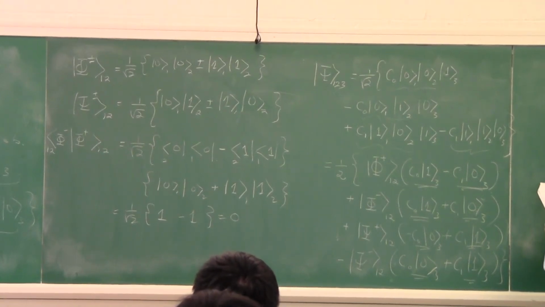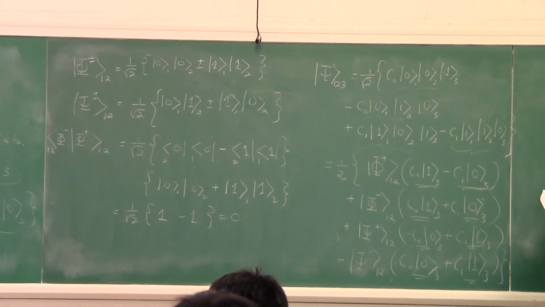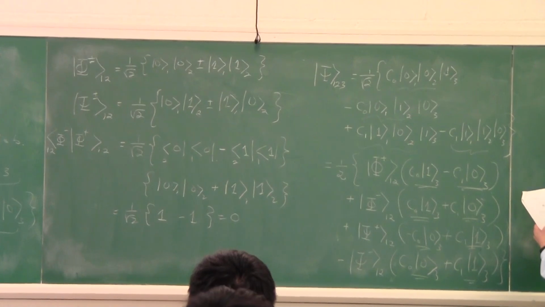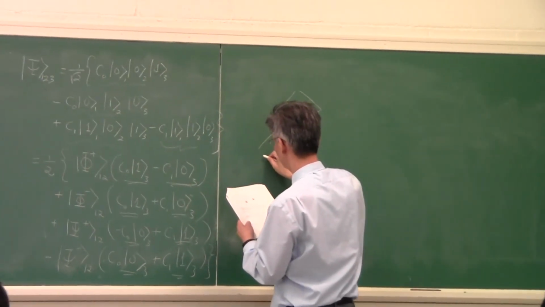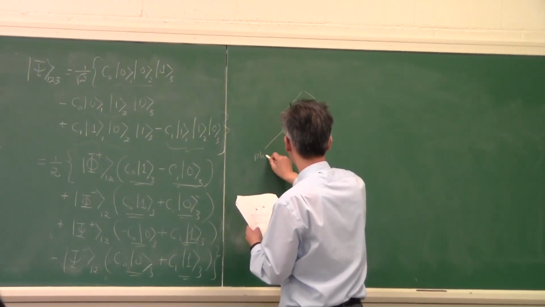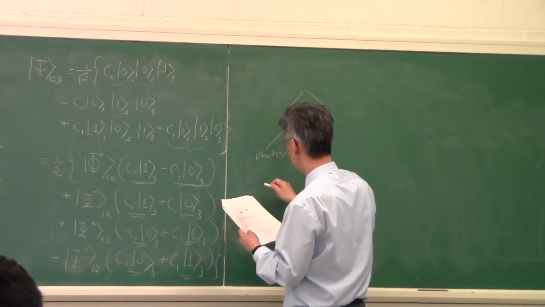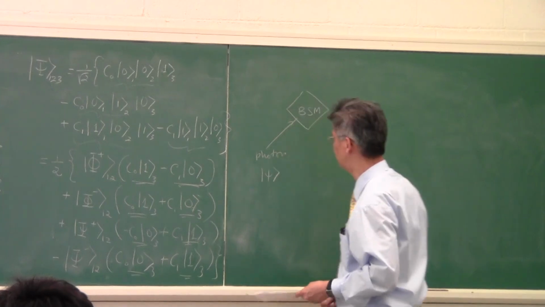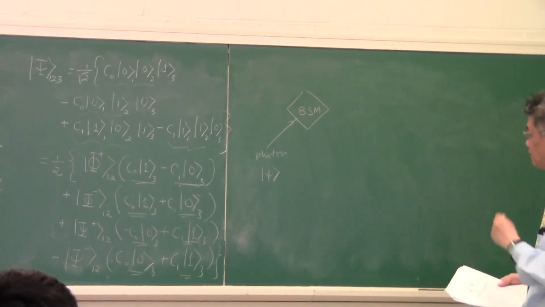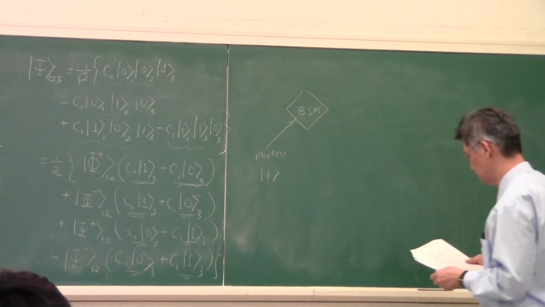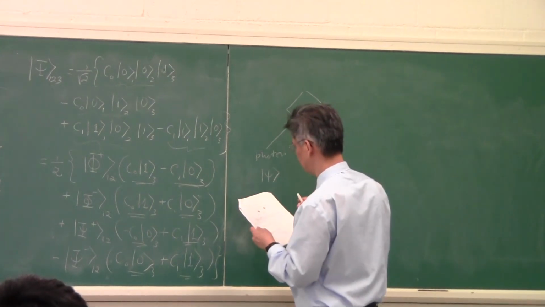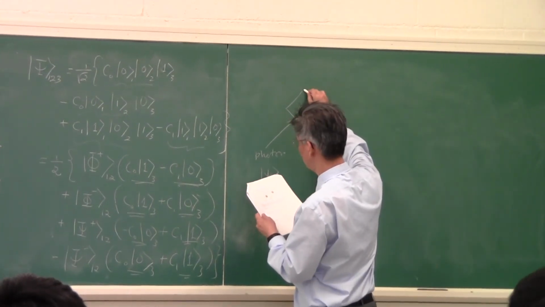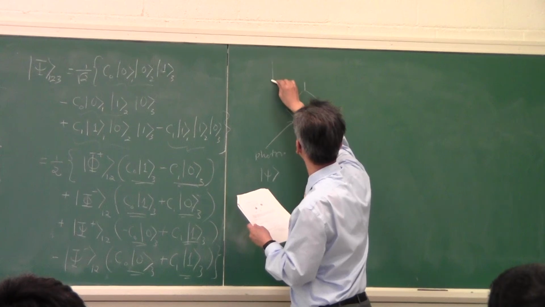I have a Bell state measurement machine, and if an input photon comes in, this photon is in one of these 4 Bell states, and I don't know which Bell state it is in. The Bell state machine is going to measure this photon and light up one of these lights.